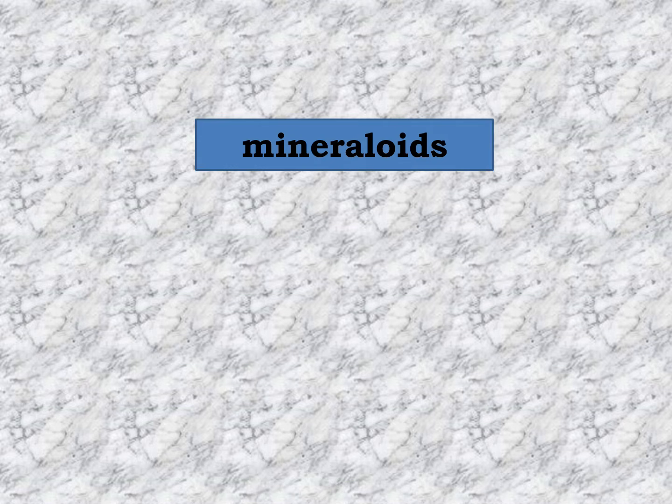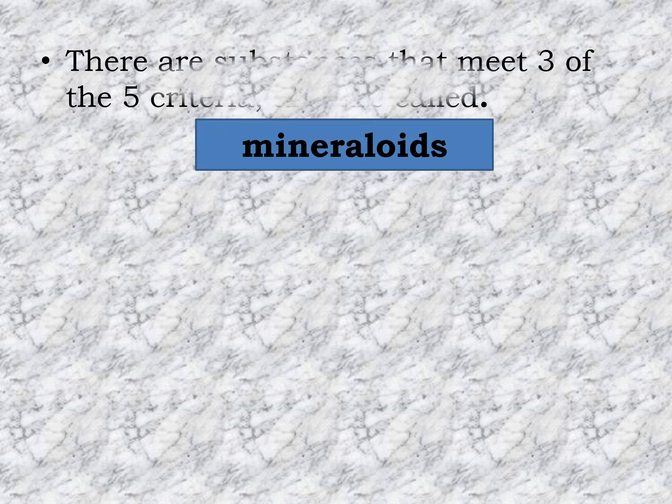So, what if a specific substance meets only 3 out of 5 characteristics? Paano kung ang isang substance ay na-meet lang ang 3 o 4 dun sa 5 characteristics? Mineral pa rin ba yun? No. That is called a mineraloid. A mineraloid is a naturally occurring mineral-like substance that does not demonstrate crystallinity.